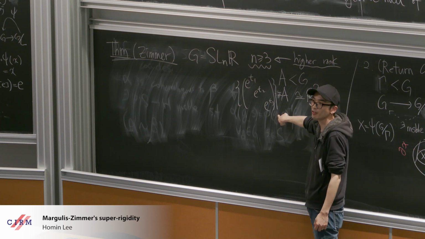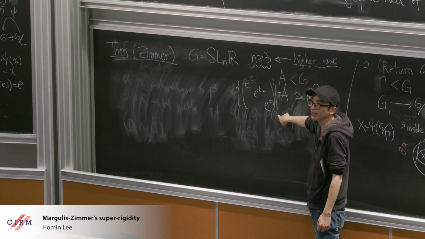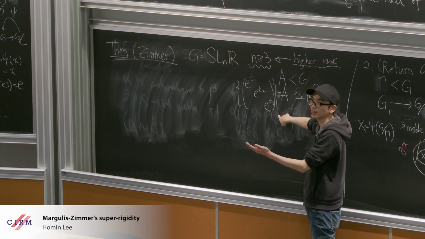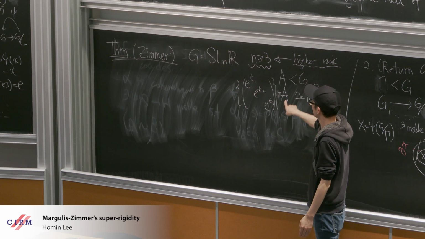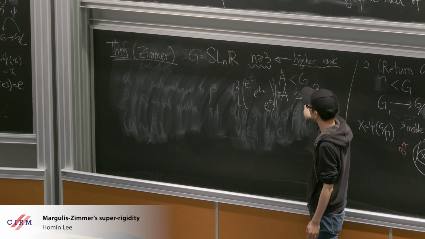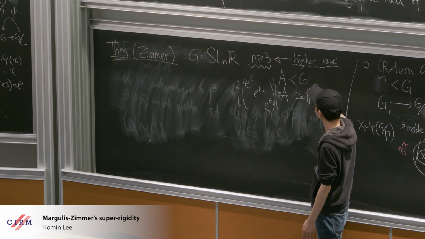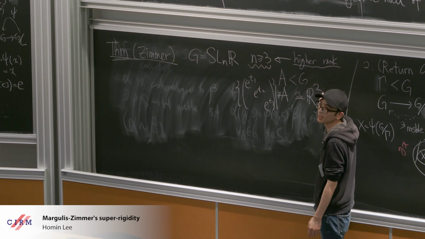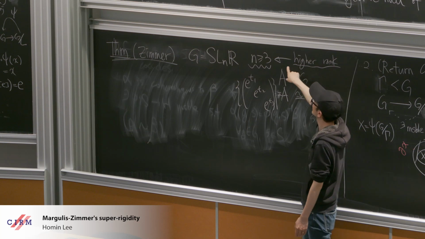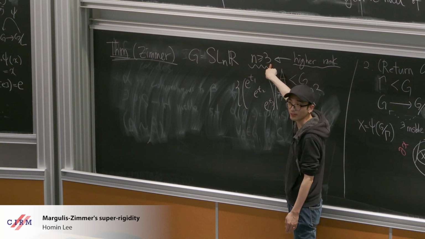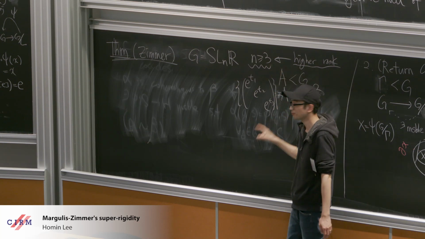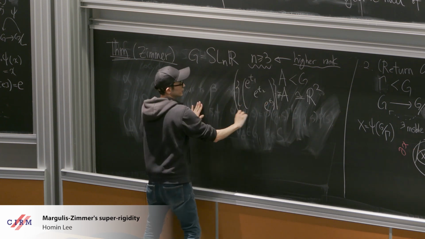You cannot find R^3 in SL_3(R) that is simultaneously diagonalizable over R. So R^2 is the maximum, and R^2 is not R, so the rank is 2. That's the reason why this is called higher rank. This is a higher rank free abelian group. And that's the reason I need n at least 3, because I want to get R^2.